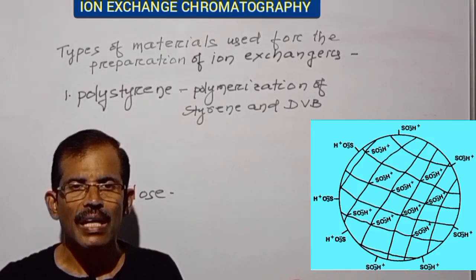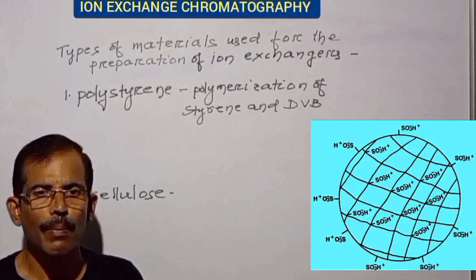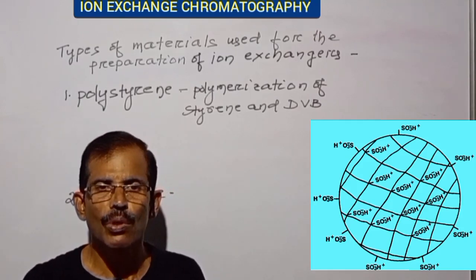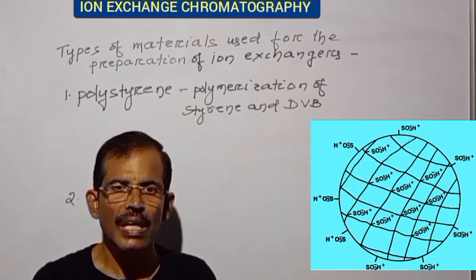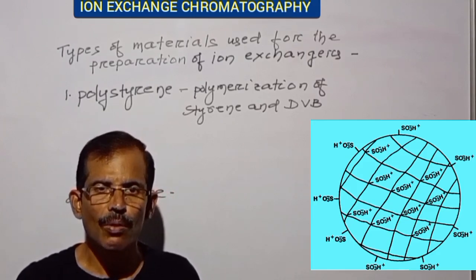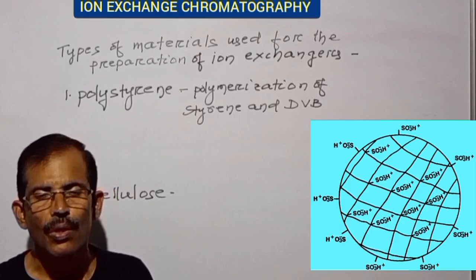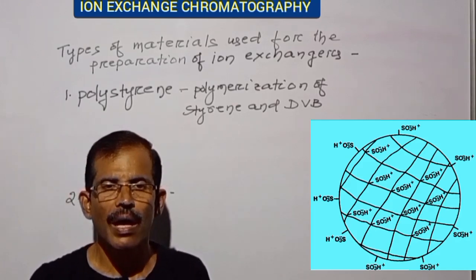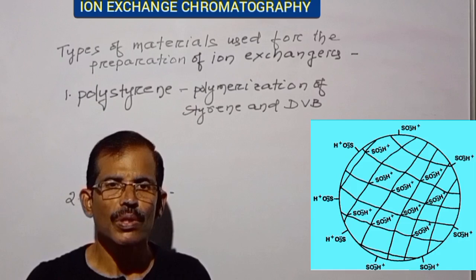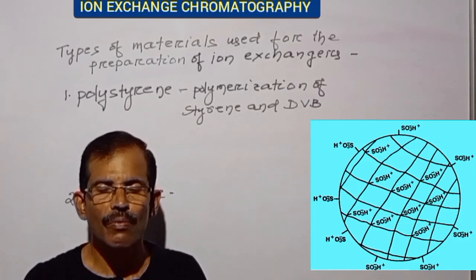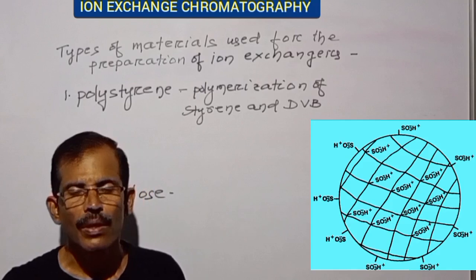Strong cationic exchangers are prepared from polystyrene, for example, by sulfonation, in which a sulfonic acid group is attached to nearly every aromatic nucleus. Weak cationic exchangers are prepared by attaching carboxylate groups to the benzene ring in place of sulfonic acid group.